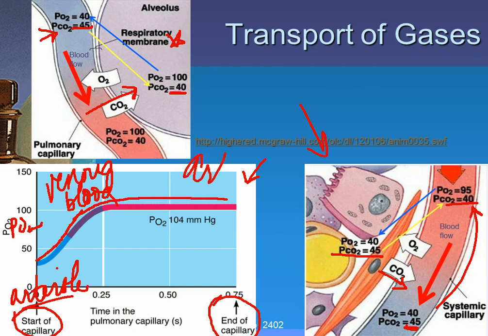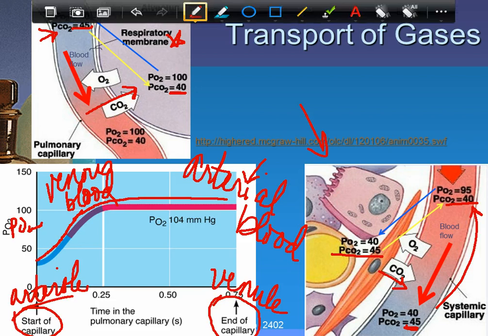And down at the end here, remember, this is the oxygen pickup in the vessels around the alveolus. This is arterial blood, even though this is the venous end of the capillary. Kind of freaky, but that's the way it is.